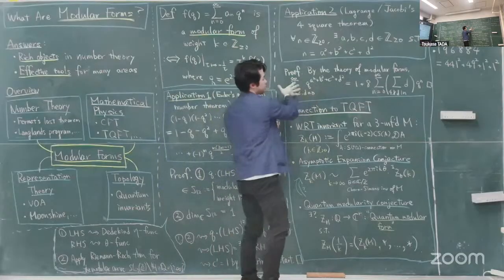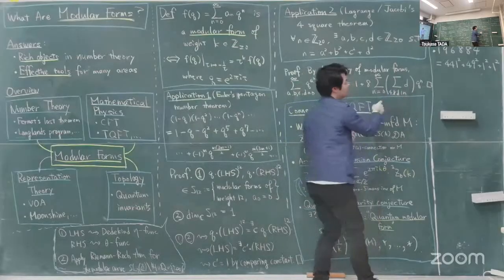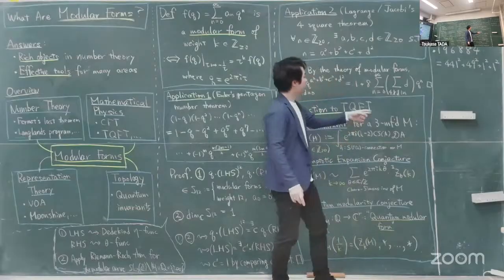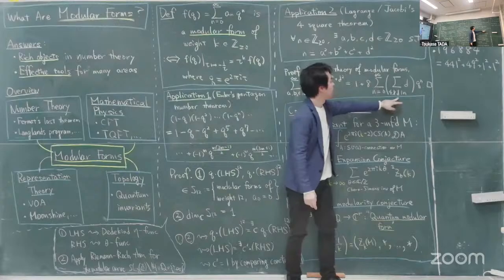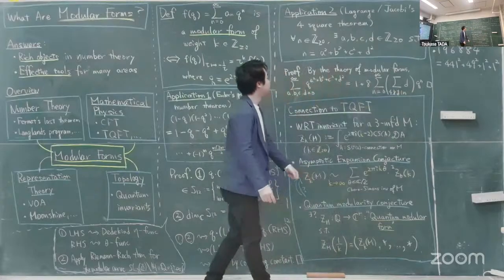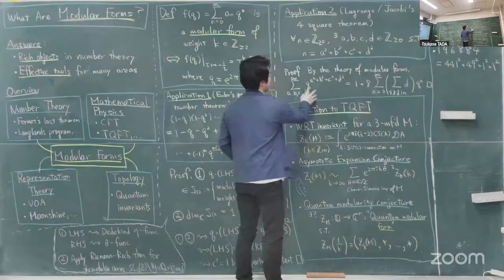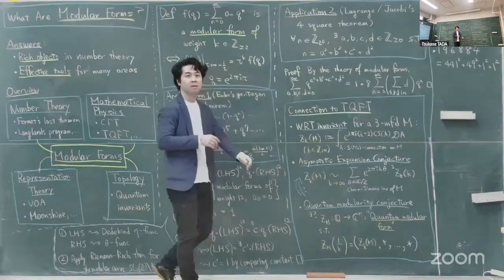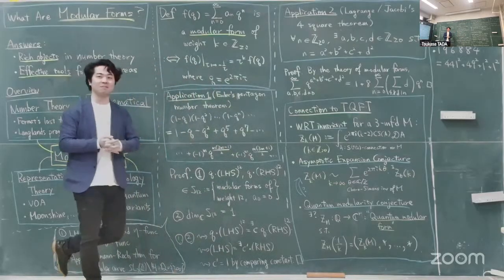So such a representation number equals 8 times this part. And this part is positive because for any n, we have a divisor d equal to 1. So by this equality, the representation number is positive, that is the statement. This is the power of modular forms.